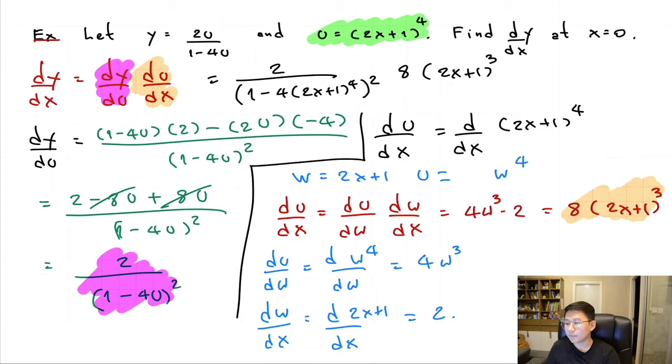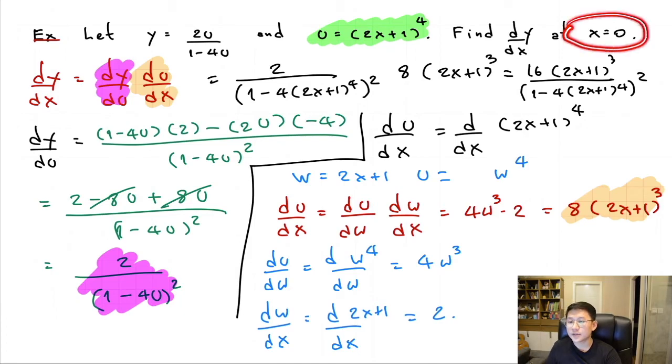So the answer is 16(2x plus 1) cubed divided by 1 minus 4 times ((2x plus 1) to the power of 4) squared. And after that we let x be 0.